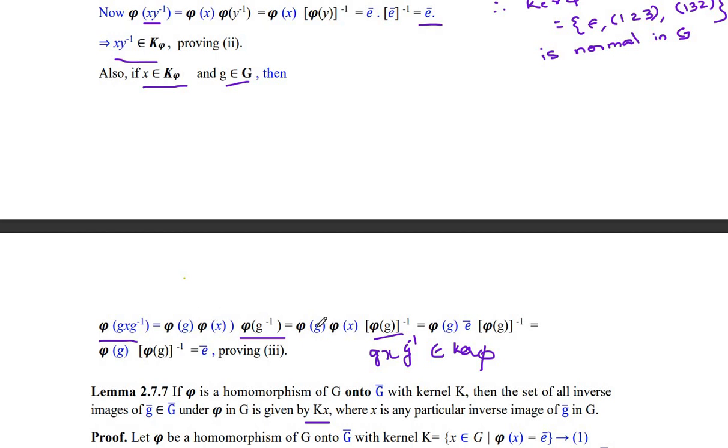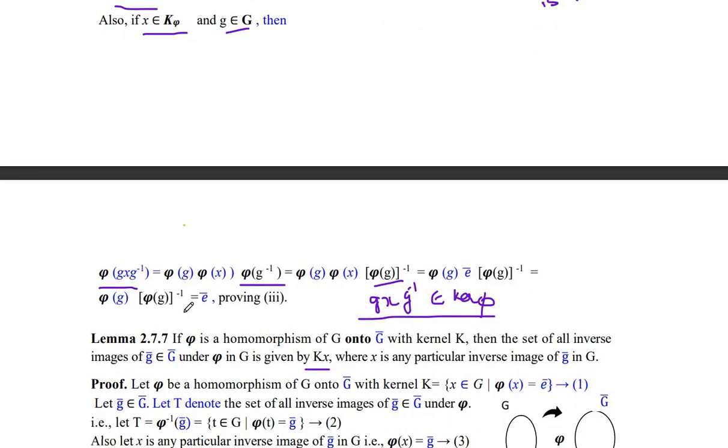These two are retained as such, and phi of x is e bar because x is in kernel phi. So we have this step, and this is an element in G bar with its inverse here. So this has to be e bar. That in turn tells us that gxg inverse belongs to kernel phi. So kernel phi is normal in G, that is the domain.